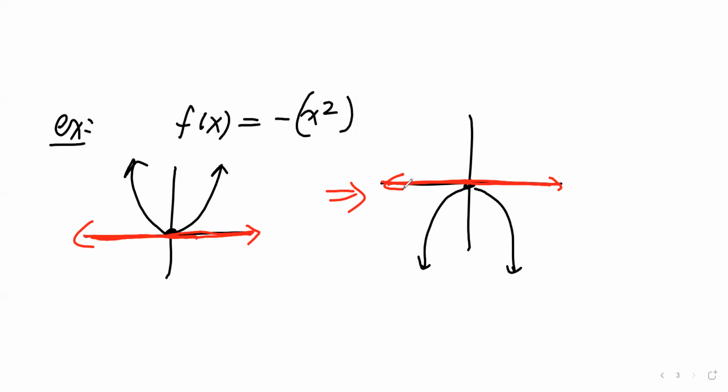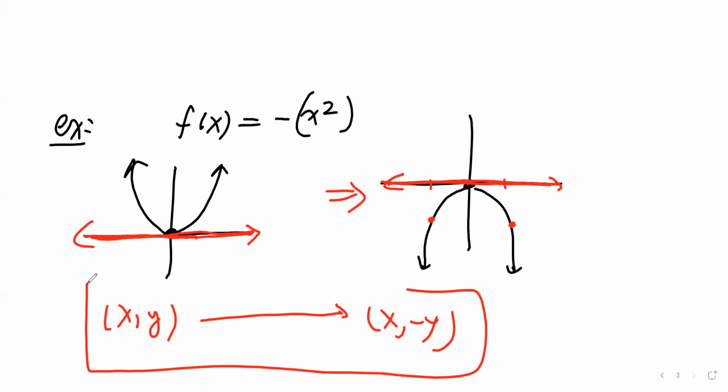You have (x, y) here, and now you translate those points to (x, negative y). X didn't change, but all the y values become negative because you flip it. So this is the formulation of the point. You can play with any point using this formulation.